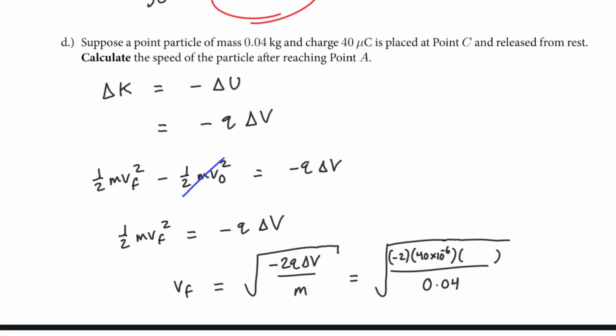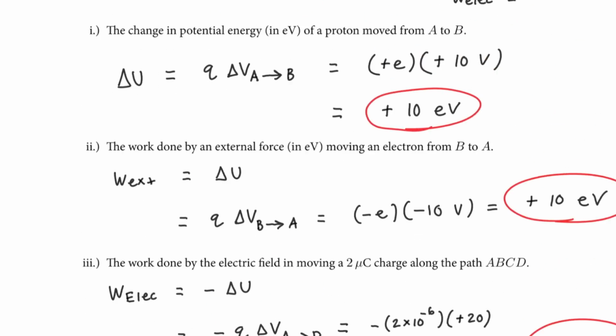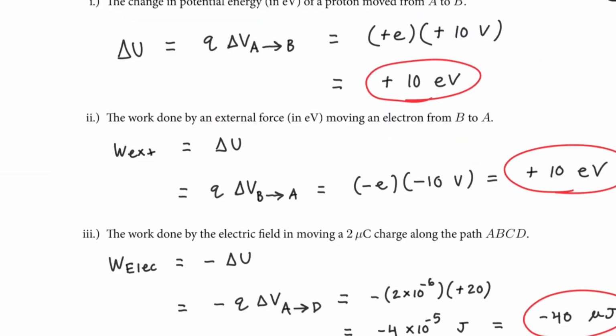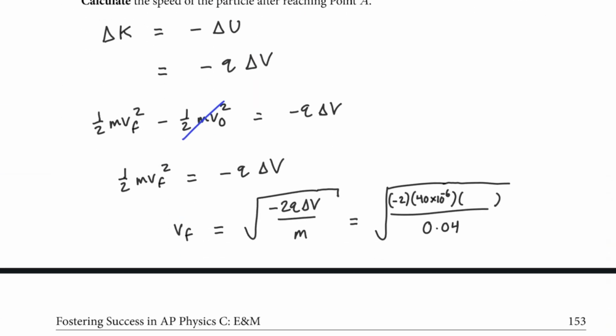All right, so if we actually go up here, we see that C is at 10 volts, A is at negative 10 volts. So from 10 to minus 10, that's losing 20 volts. So I have decreased my height by 20, so the positive charge will definitely speed up because it accelerates downhill.